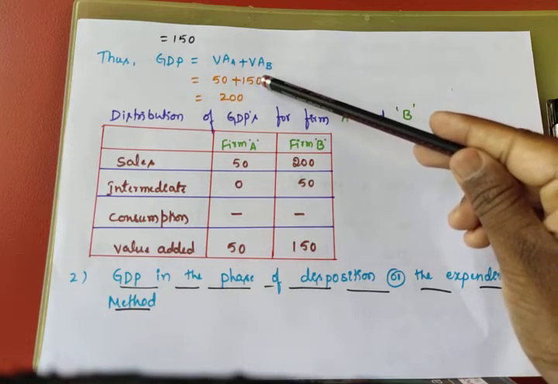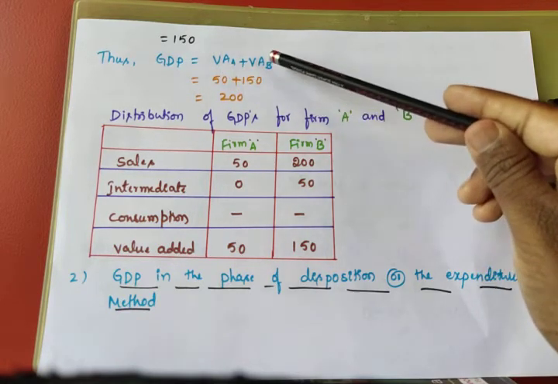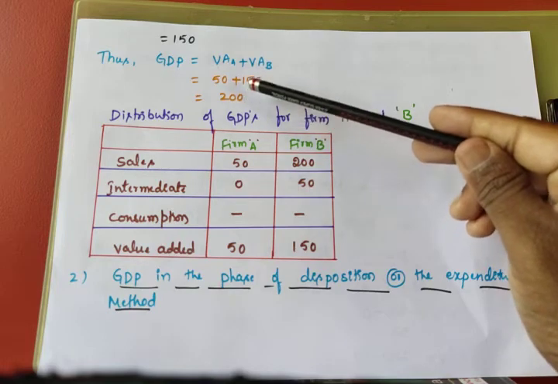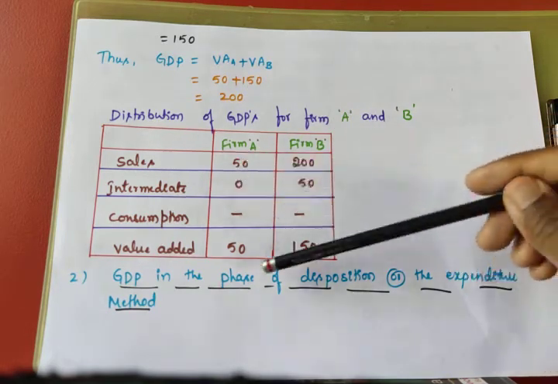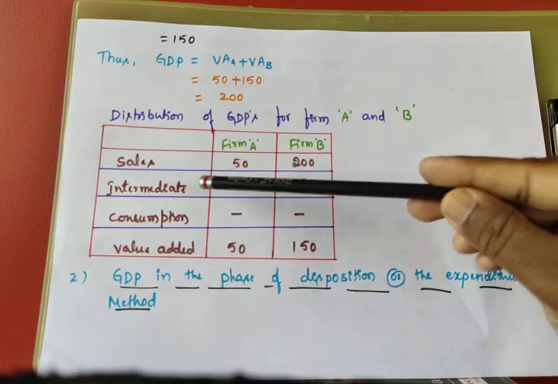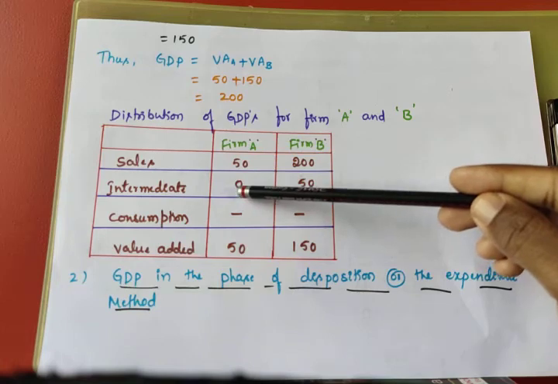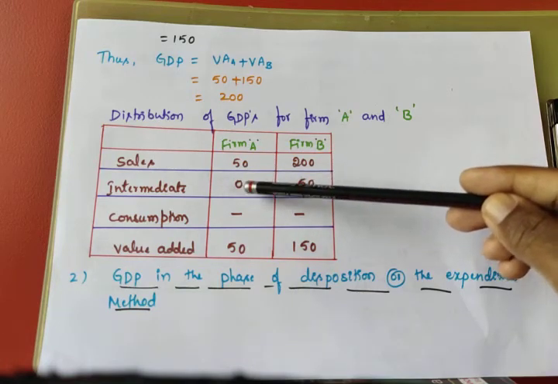So the value added of firm A is 50 and of firm B is 150, total 200. We can explain this with the help of a table. Firm A sale is 50, firm B sale is 200. Firm A intermediate good is 0, because firm A produces the cotton without using any raw material.